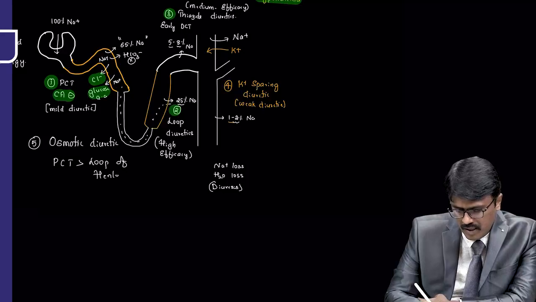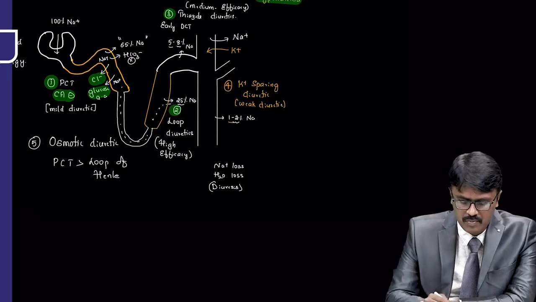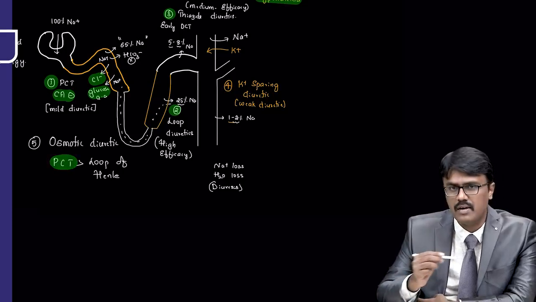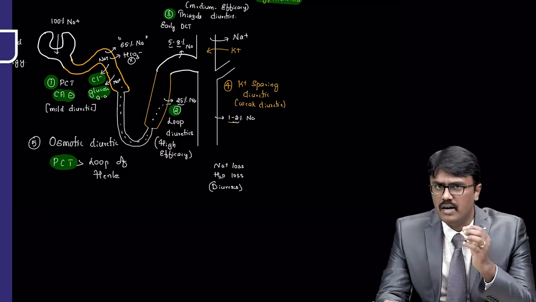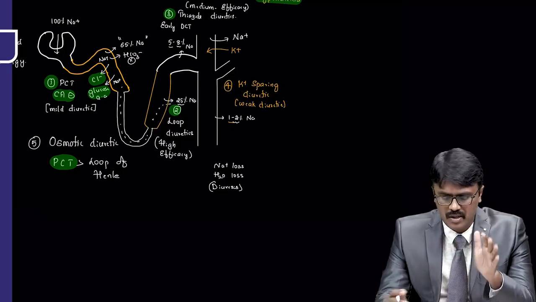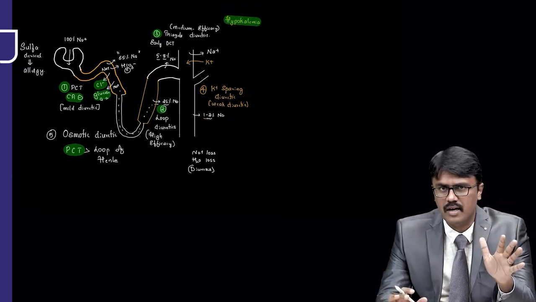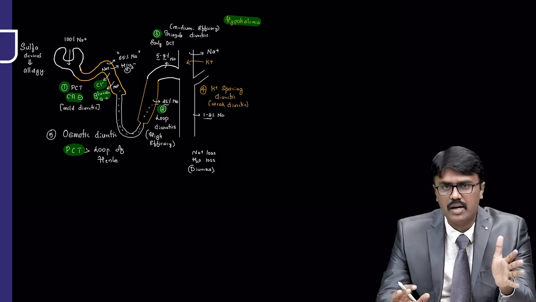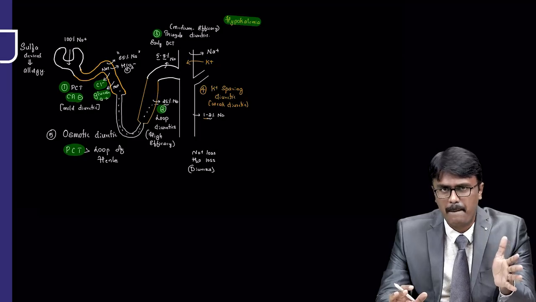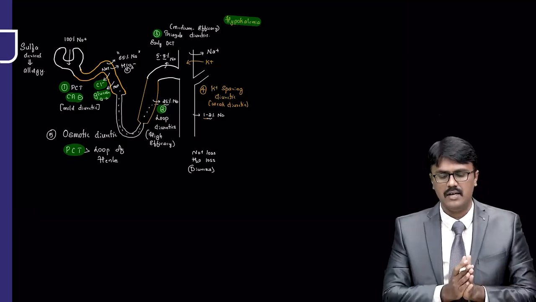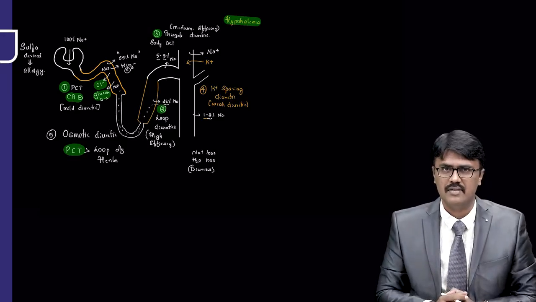Loop of Henle. So that is a major site. If both are given, please choose the site of action as mainly PCT, but it will act through the entire nephron. So we understood the basics. This is how the diuretics will work, and you know the targets of them and the efficacy of them. Even osmotic diuretics have high efficacy. Okay, so with this basic understanding, let us go one by one and discuss the targets.